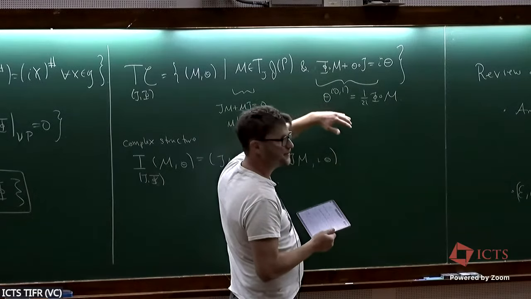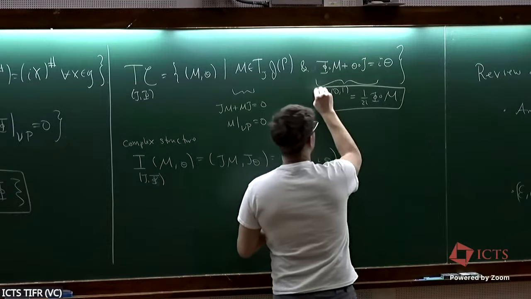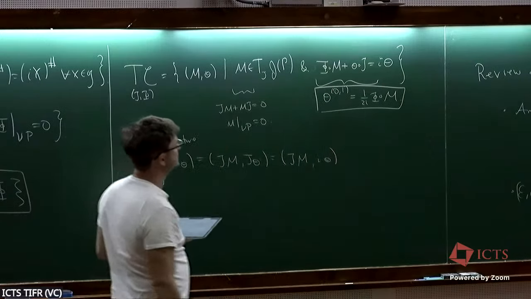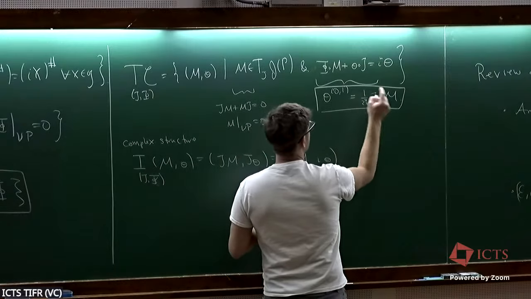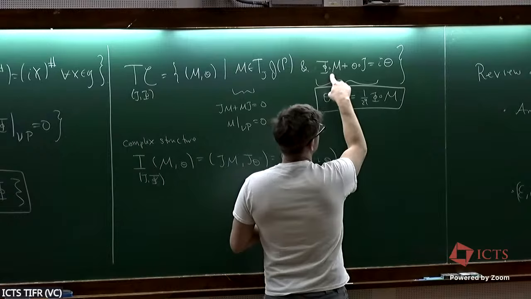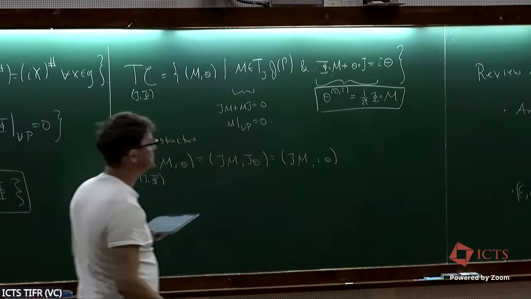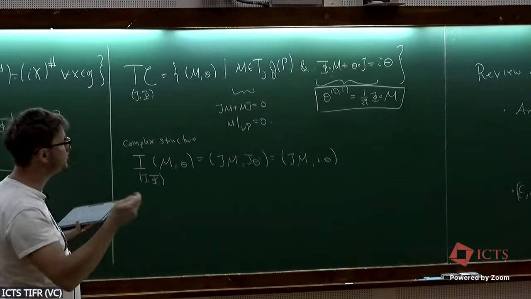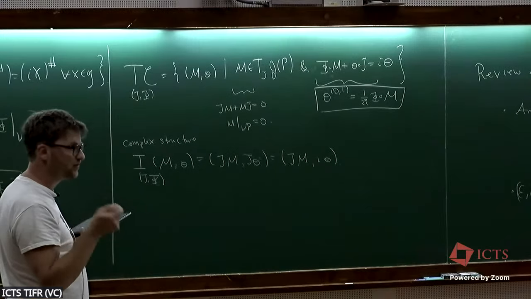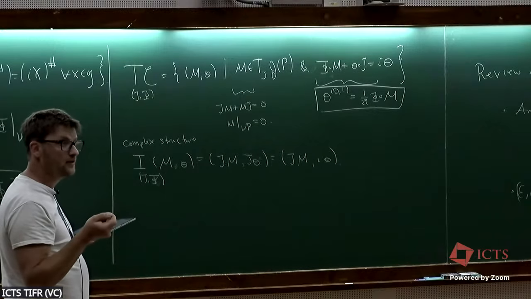It has a 0,1 part, and the 0,1 part is uniquely determined by the point you're at. This equation says that phi composed with m is equal, up to a factor of 1/2i, to the 0,1 part of theta. The 1,0 part is completely free, and the 0,1 part is determined by the point you're at. But it's usually not 0.